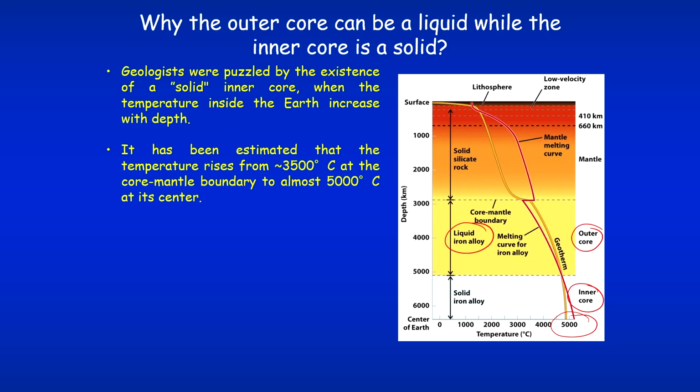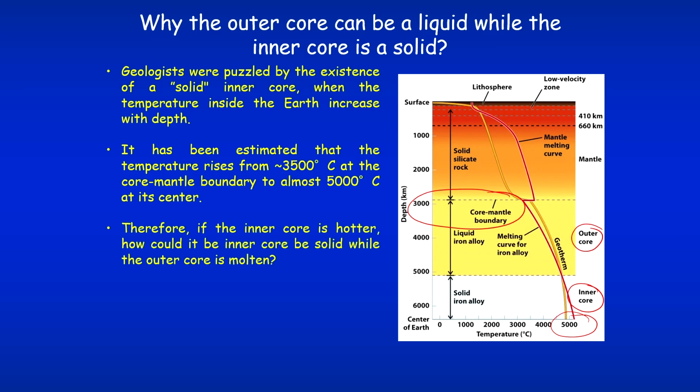It has been estimated that the temperature rises from 3,500 centigrade at the core-mantle boundary. So this is the core-mantle boundary, where we have around 3,500 degrees centigrade, and further it goes up to 5,000 degrees centigrade towards the interior of the Earth, towards the outer core and inner core side.